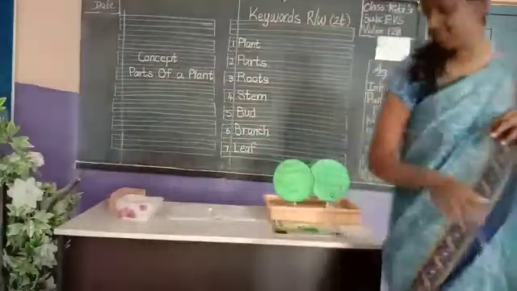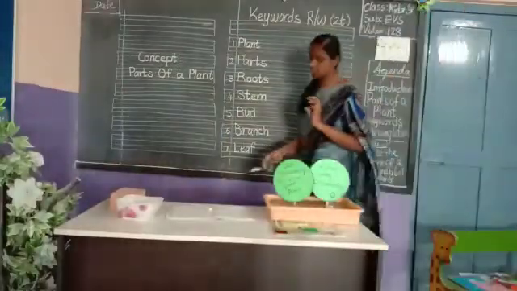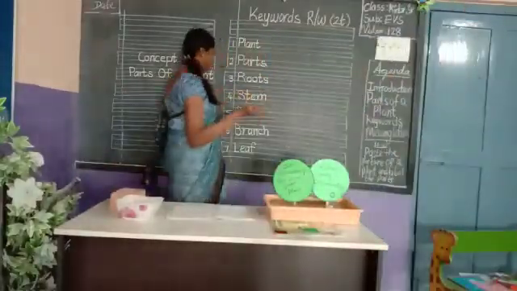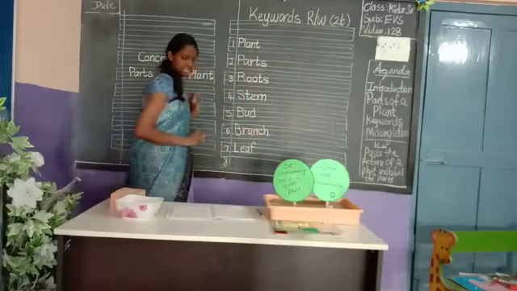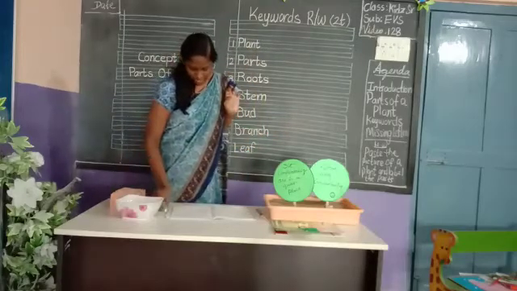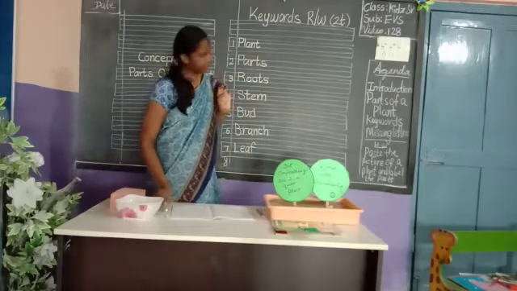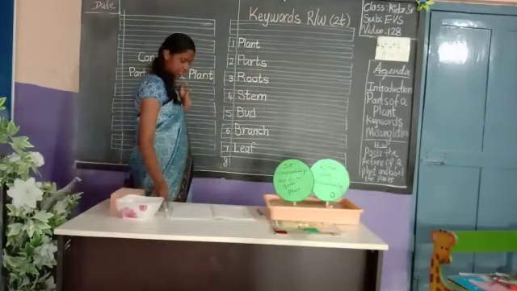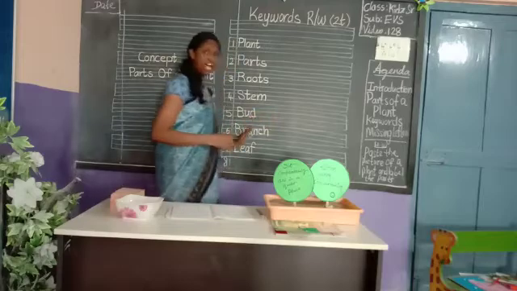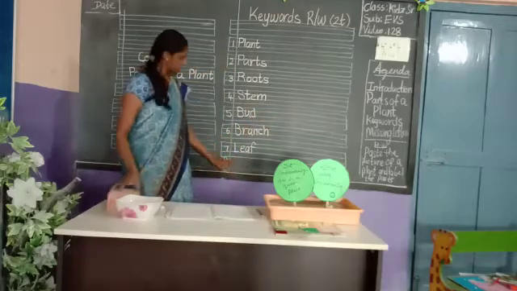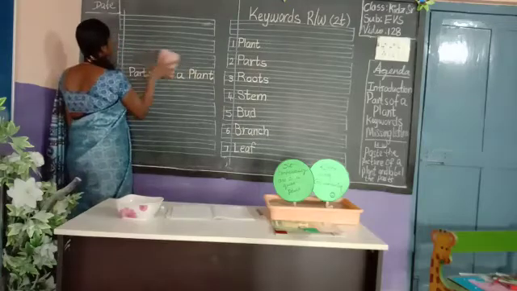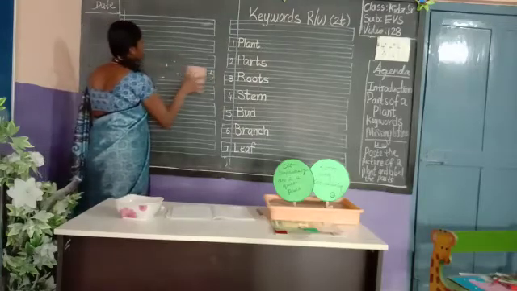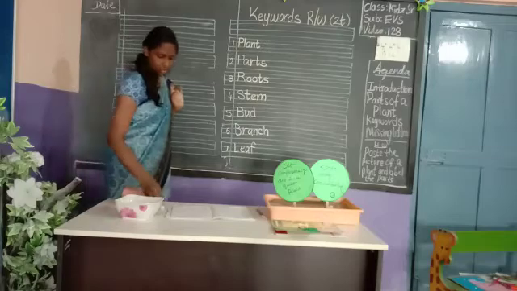Now, let us see the next one, children. Eighth one is flower. If you have place, you continue, children. I don't have place, that's why I will write here.